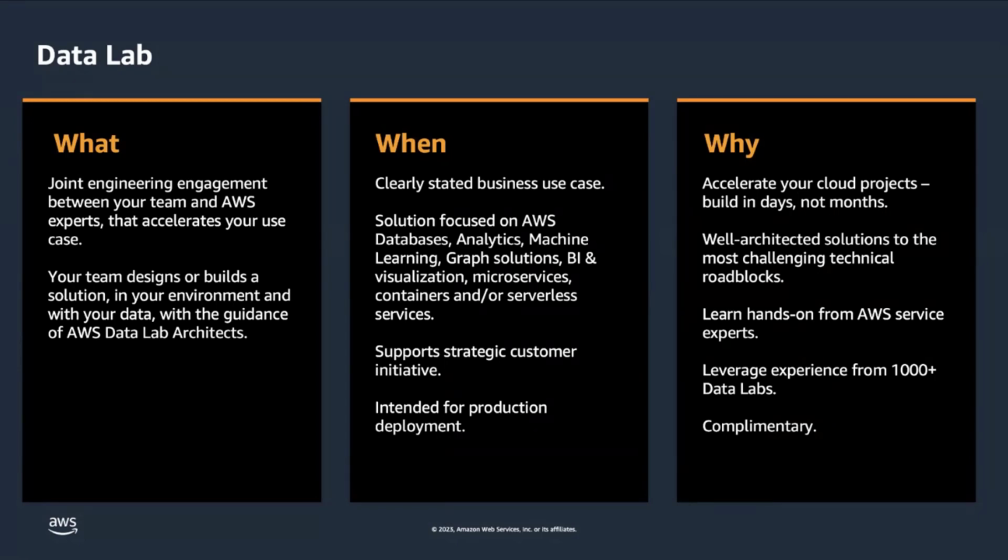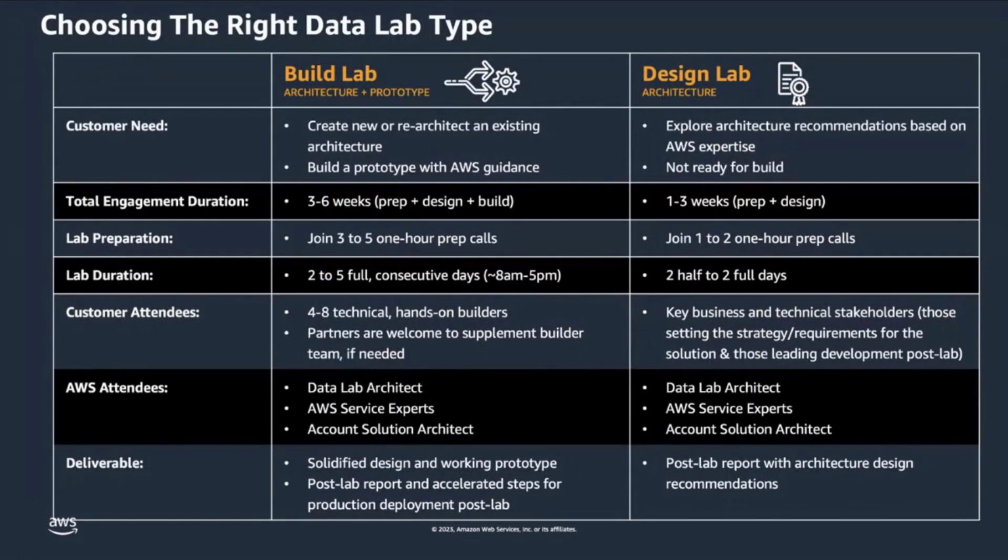They offer two types. One would be a build lab with both the architecture and a prototype. This is for the creation or re-architecture, or improvement, of an existing architecture, and also the ability to build a prototype with AWS's learnings and guidance.